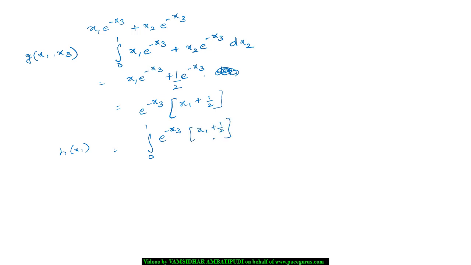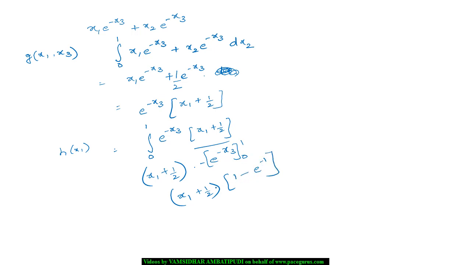This part is a constant, so I'll take x1 plus 1 by 2 outside, times the integral of e to the power of minus x3, which is minus e to the power of minus x3, evaluated between the limits.